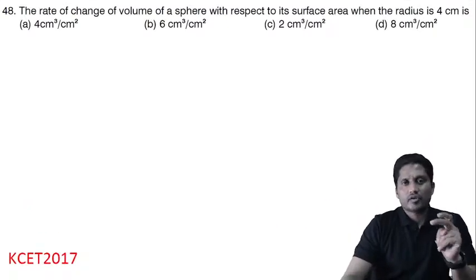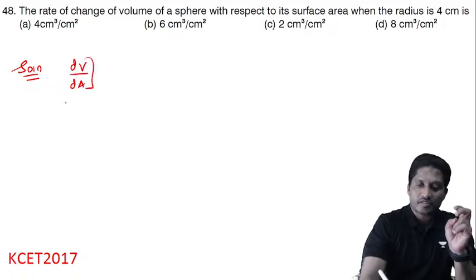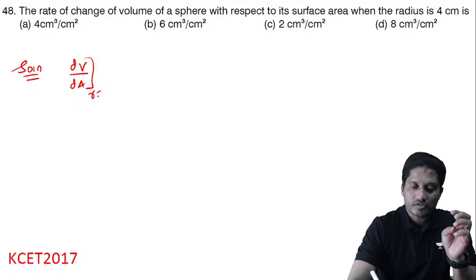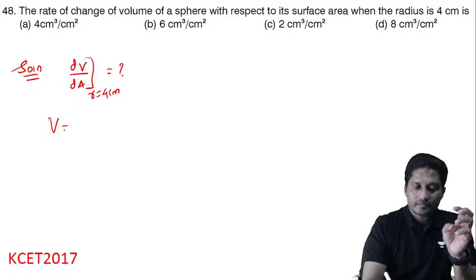The rate of change of volume of a sphere with respect to its surface area. That is, I'm supposed to find out dV by dA when the radius is 4 centimeter. Volume of a sphere is 4 by 3 pi r cube.